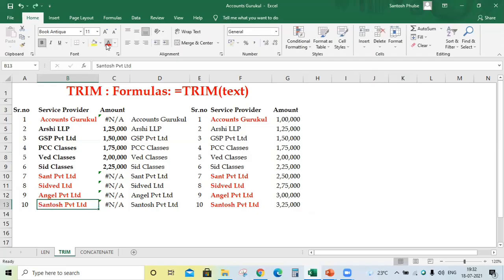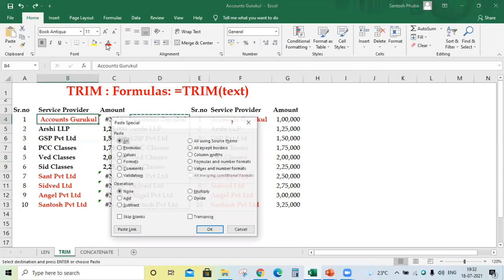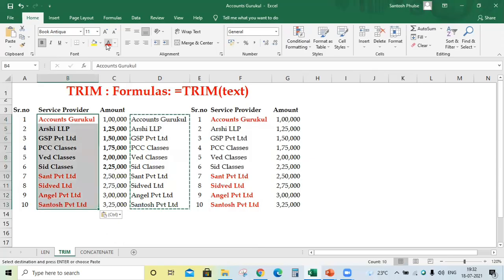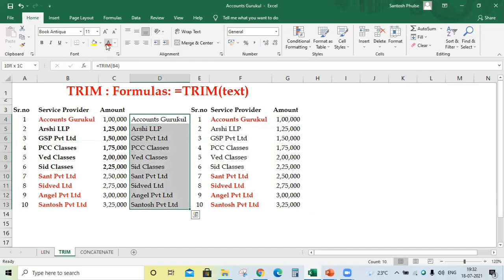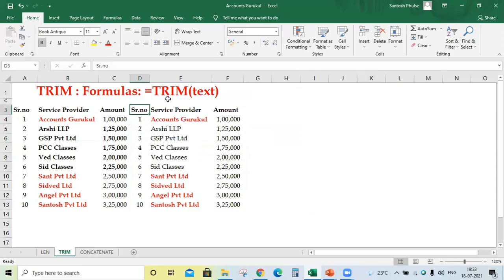So through this formula we are able to remove these extra spaces from the word, and we are able to use our formulas. So this is the use of TRIM.